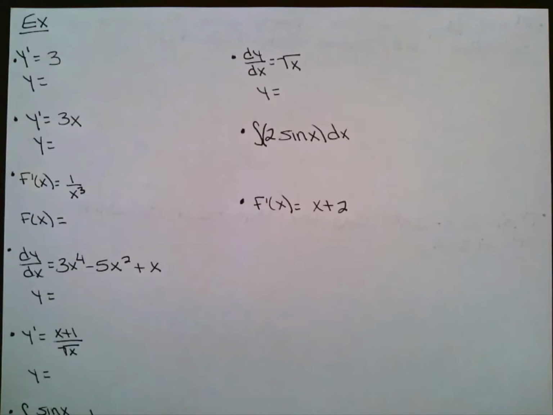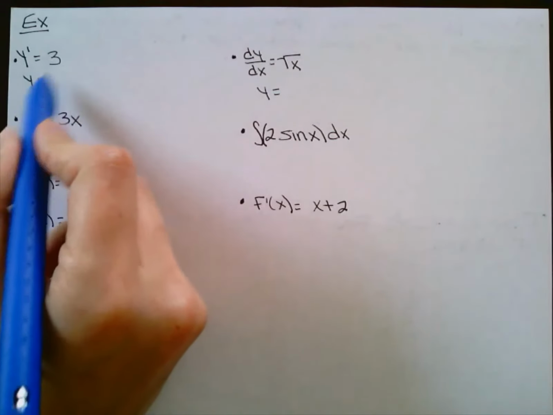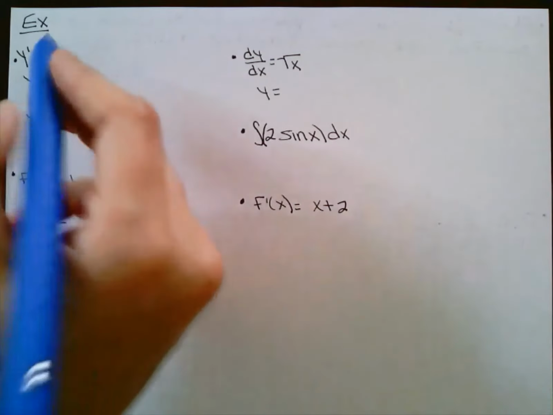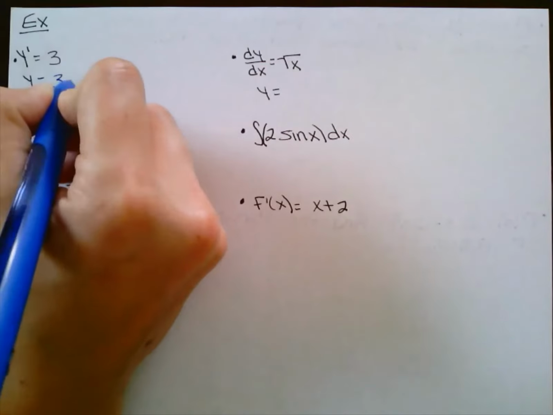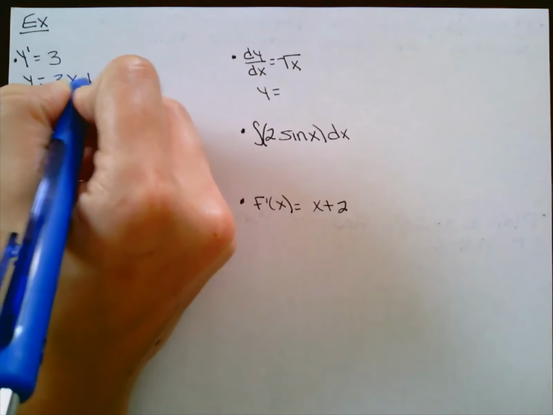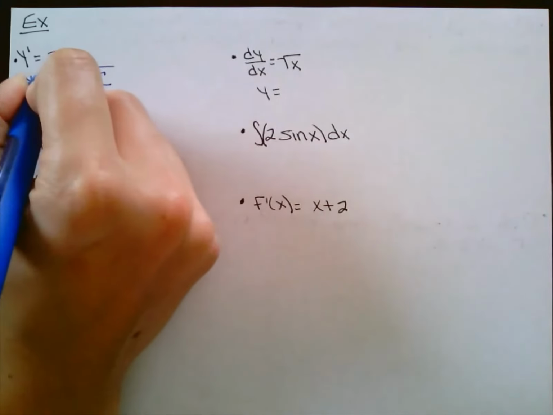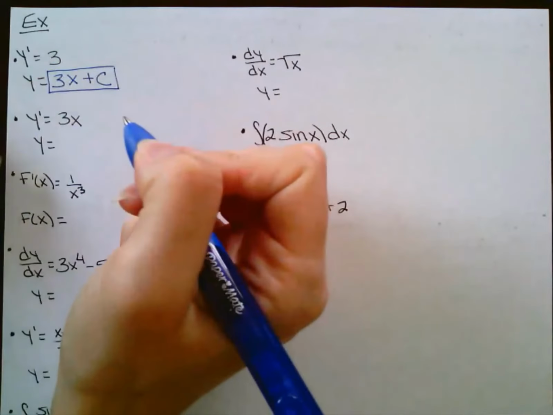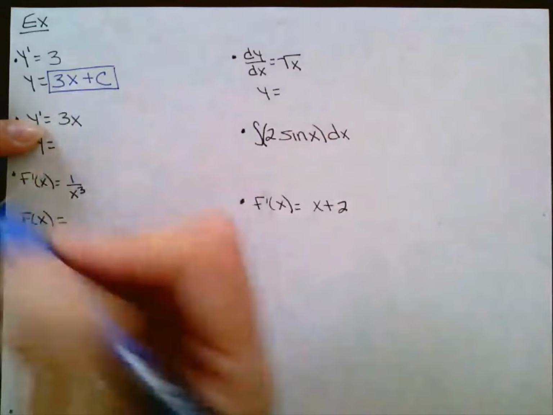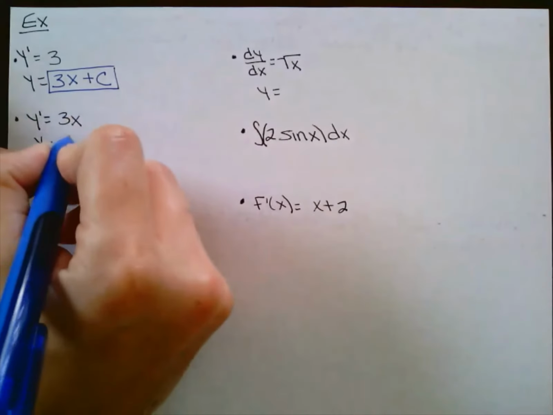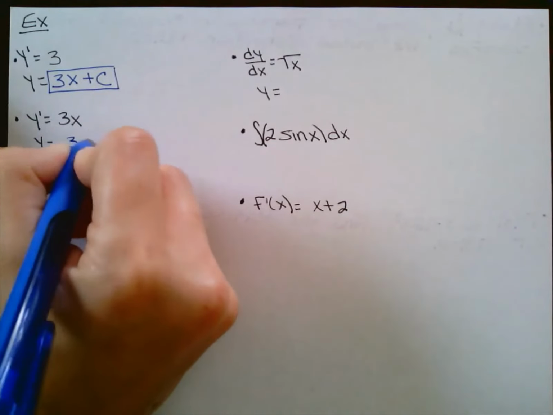So now let's practice some examples. If y prime is c, for y, I have to do the antiderivative. Antiderivative of a number is that number times an x. Don't forget your plus c. Now I have a variable x. So here I'm doing reverse power rule. We can assume that this 3x is saying 3x to the first.